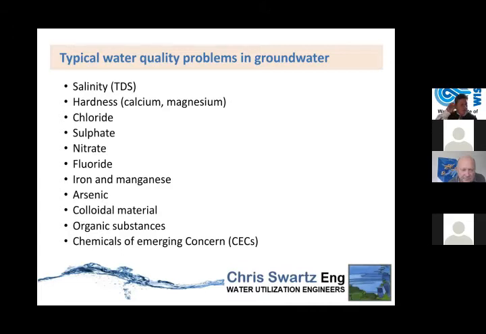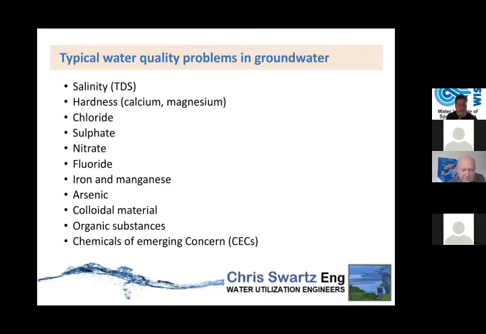And this can be made up of calcium and magnesium, which gives rise to hard waters. It could be chloride as well, sulfates, nitrate, and we'll discuss each of these in a while. Fluoride, iron and manganese are often a big problem, especially aesthetic.